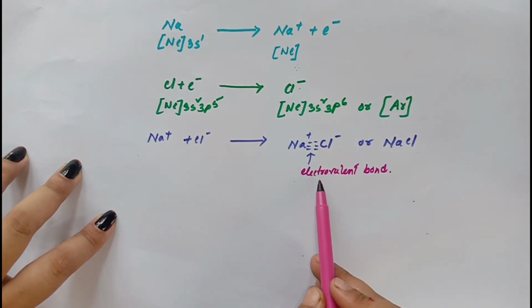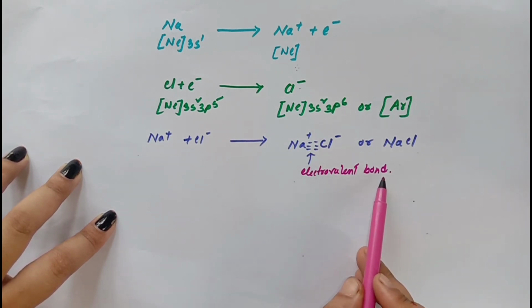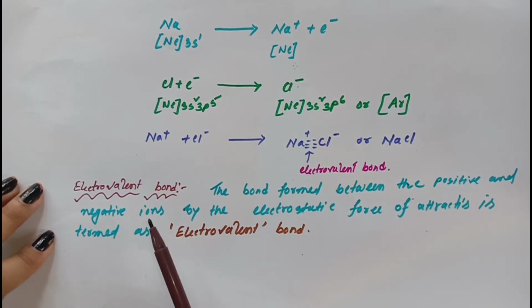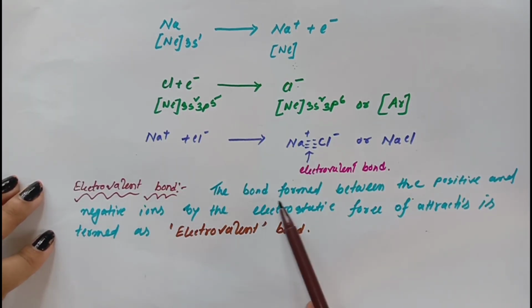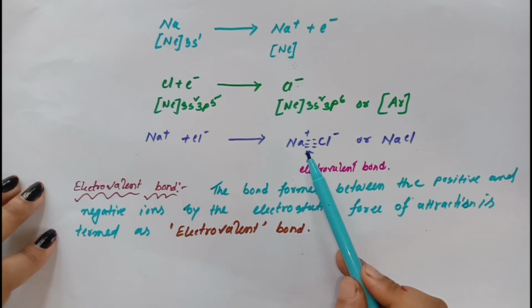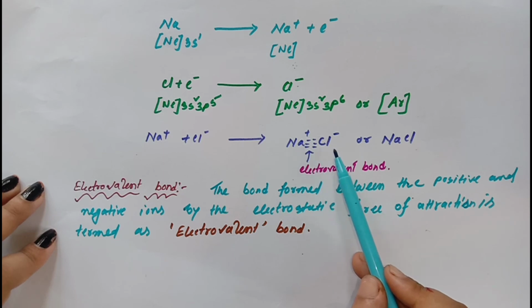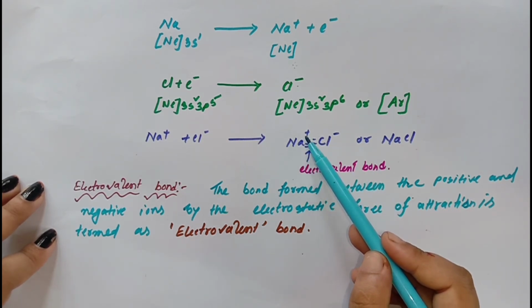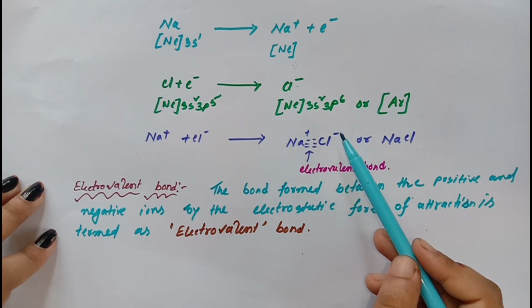This bond is basically known as the electrovalent bond, and this is found in ionic compounds. So what is the definition of the electrovalent bond? The bond formed between the positive and negative ions by the electrostatic force of attraction is termed as the electrovalent bond, and the electrovalence is equal to the number of unit charges on the ions. So the electrovalency of sodium will be 1, and also chlorine is 1.